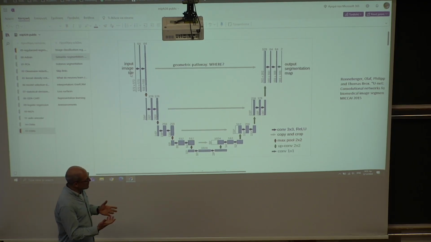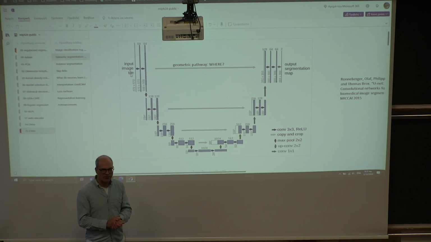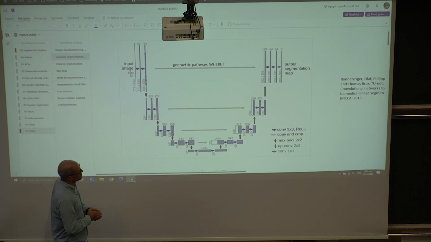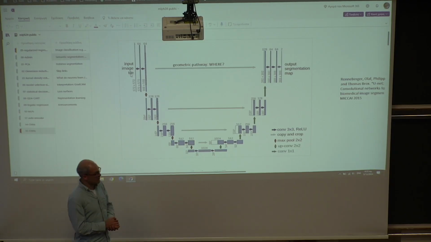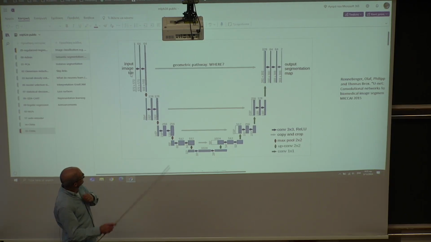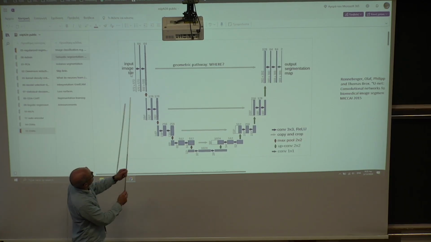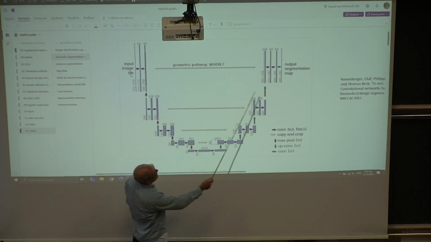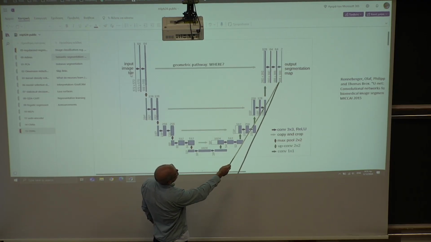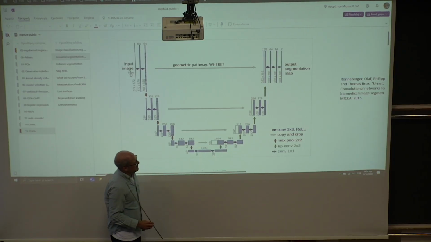But basically, we need to make some arbitrary choice to produce a result of the convolution at the very border of the image. Or we can say that we only use the output where we don't make any such arbitrary choices. And this is what has been done right here. And this is why we start with 572 by 572, but end with something a lot smaller here.